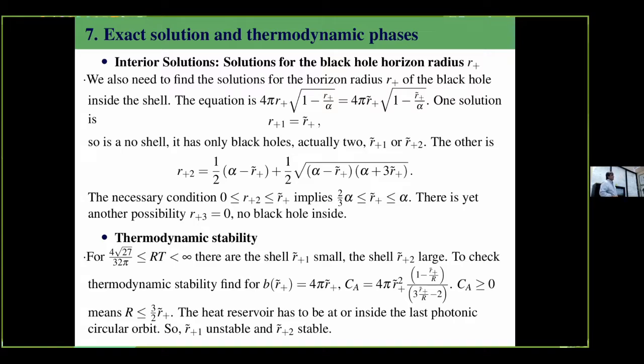Okay? There is yet the other possibility that I told you, which is no black hole inside, but that you have to work out separately because the limit does not give that, but you can do that. So you have that. Now, thermodynamic stability for this system. You have that for RT greater than root 27 over 32 pi.